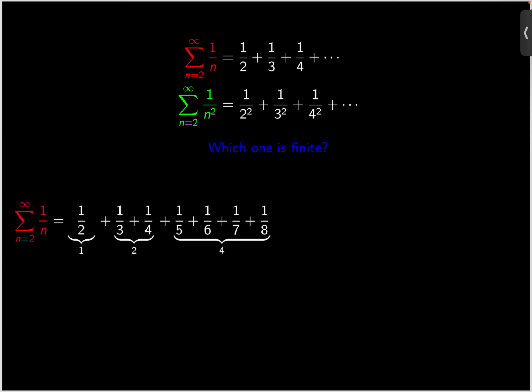Next, we've got a fifth, a sixth, a seventh, and an eighth. And I've grouped four of these terms together. Next, of course, we can keep going. We've got 1/9 plus a 10th plus an 11th and all the way up to plus a 16th. And I've decided to group those 8 terms together. And we're going to continue on with this pattern.